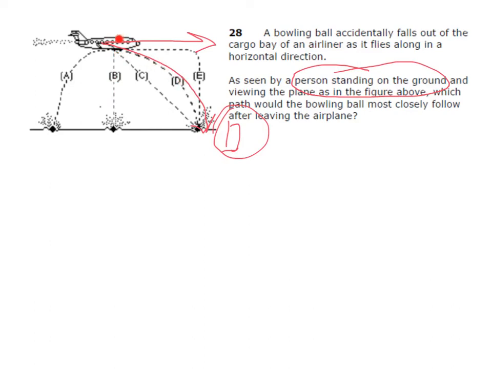So the plane is always directly above the ball. It appears from the plane's perspective that the ball is always underneath it. But from the perspective of somebody on the ground, they see the ball following a parabolic path. I can't do that very well with two fingers on the screen, but hopefully you got that.